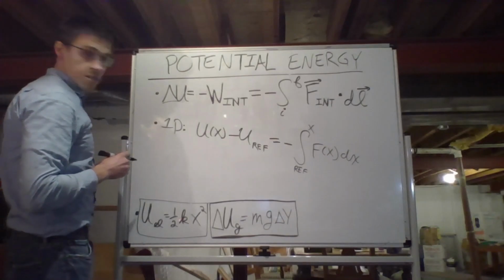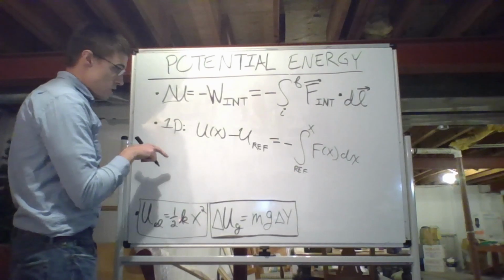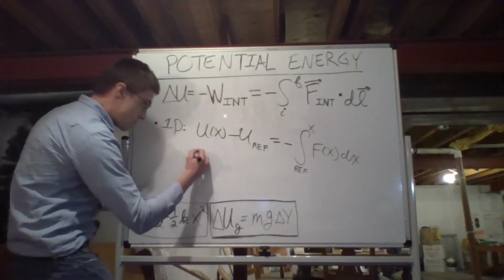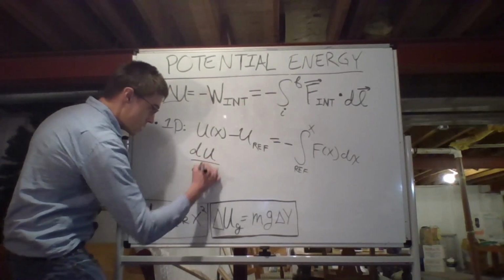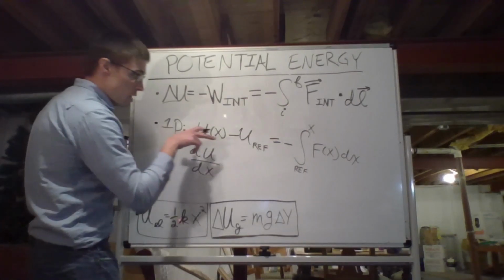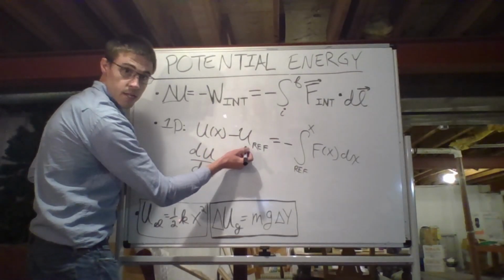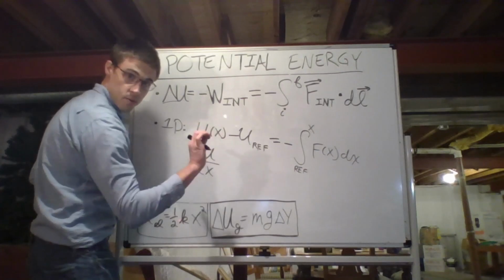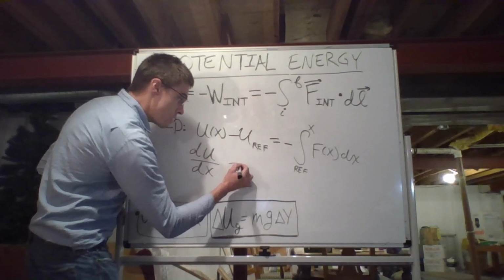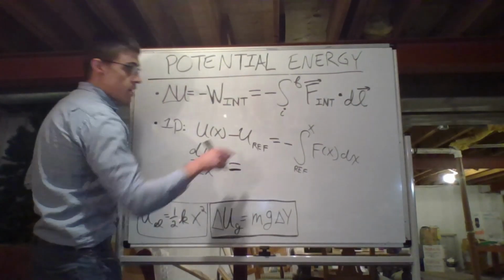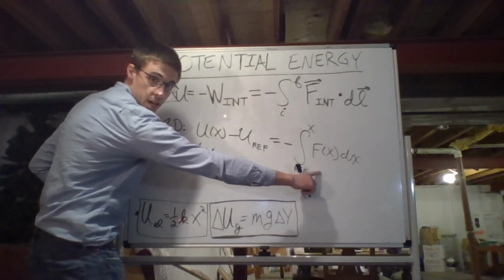And I could just take the derivative of both sides of this equation. On the left-hand side, for the first term, I would have dU/dx. The derivative of U reference, which is a constant value, would be 0, right? And that would be equal to, on the right-hand side, minus the derivative of the antiderivative of f.